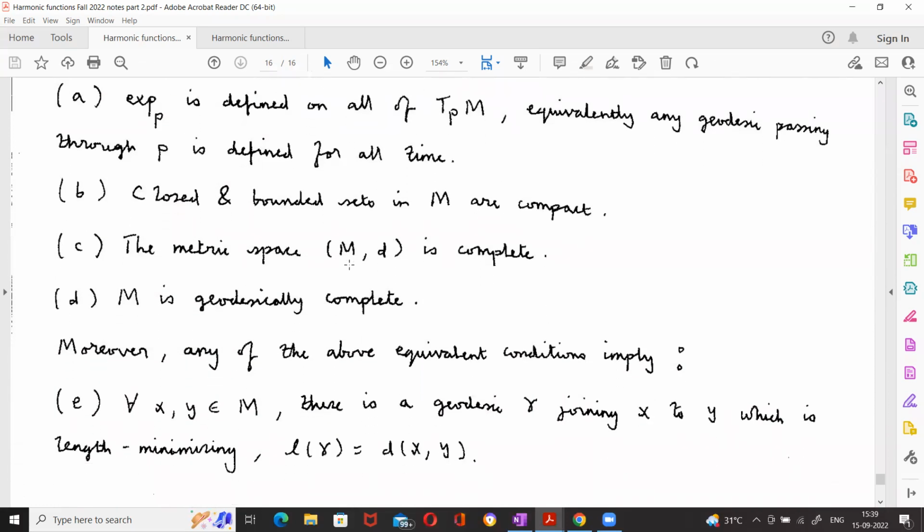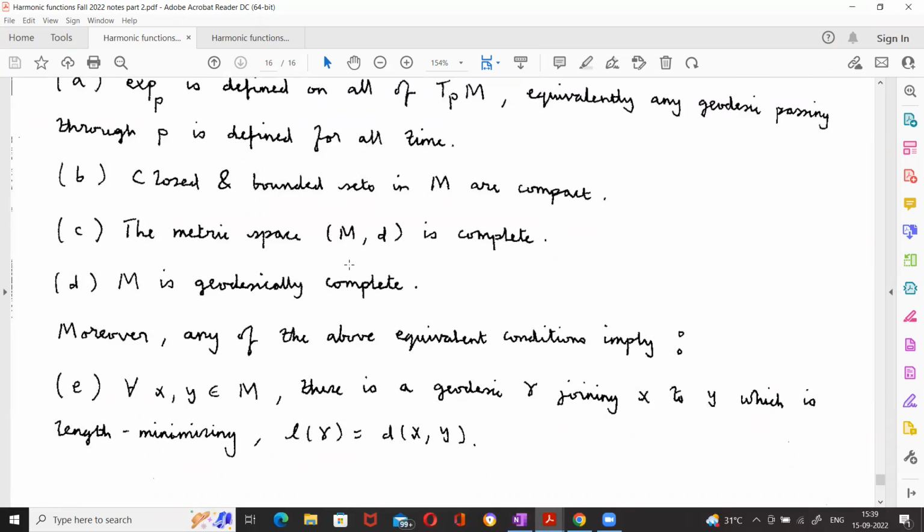And finally, to finish the statement, any of the above equivalent conditions A to D imply that for any two points X, Y in M, they can be joined by a geodesic gamma.